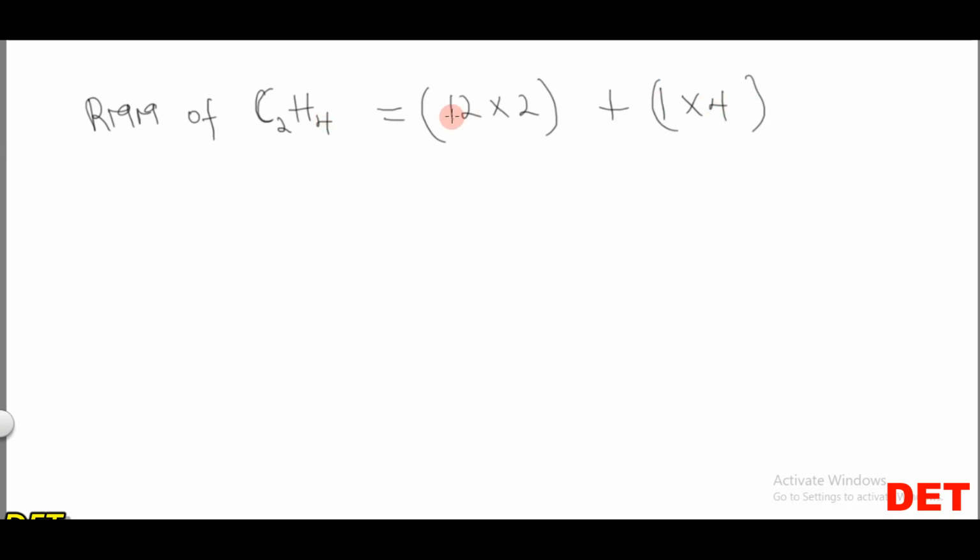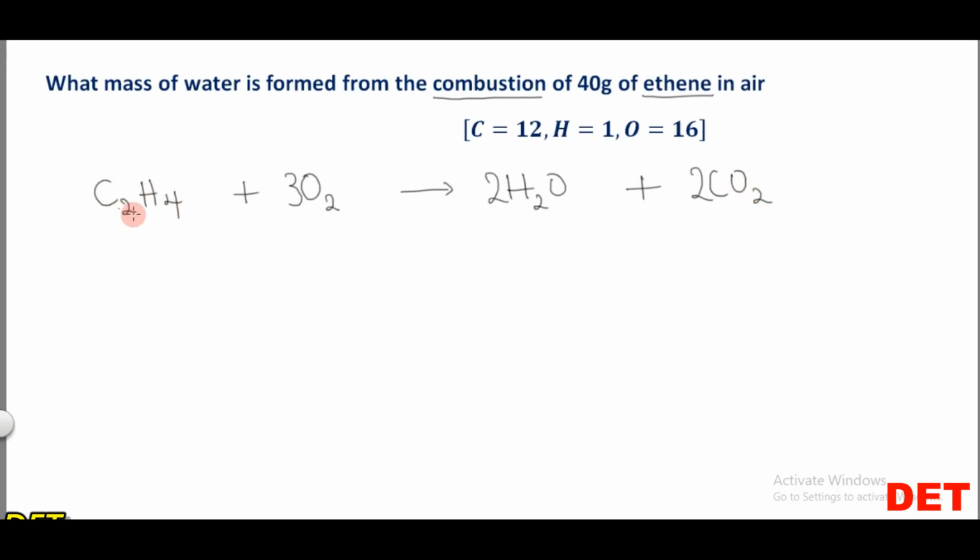So 12 times 2 will give me 24, plus 1 times 4 will give me 4. So that is equal to 28 grams. The mass of ethene here is 28 grams.